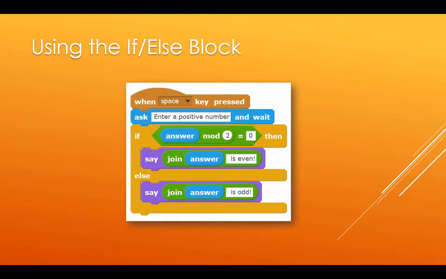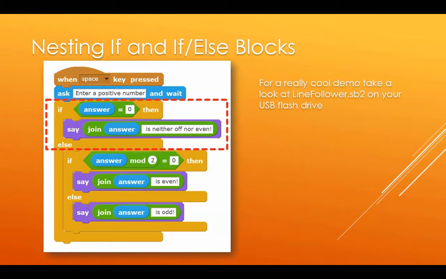Yeah, okay. So if answer mod 2 equals 0, so if you divide a number by 2 and there's no remainder, then the answer is even. If it does have a remainder, then the answer is obviously odd. There's only 2 possible outcomes.